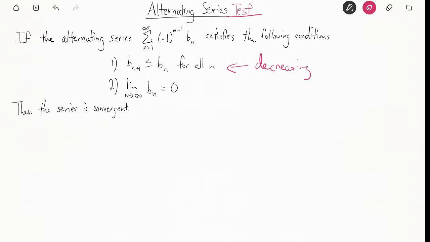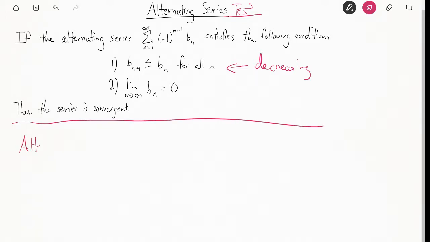This is a big deal because a lot of people make the mistake. This says nothing. So here's a comment. The alternating series test will not tell us about divergence.